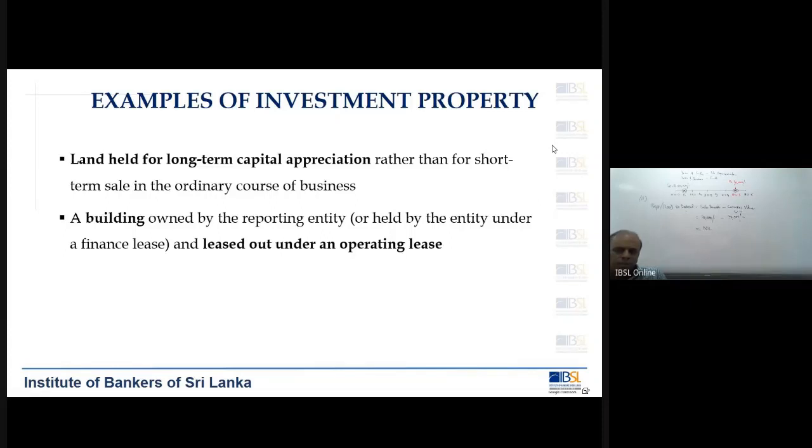Then the second type of example is where you have a bare land, let's say about 2 acres, which you have purchased, but you are not doing anything with it. You are just keeping it away.